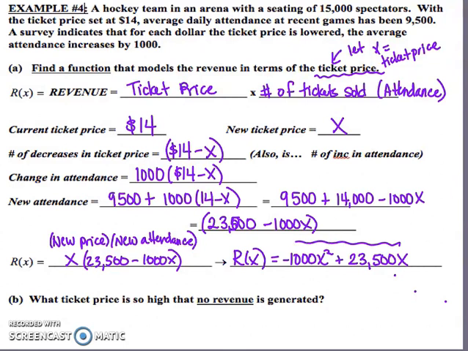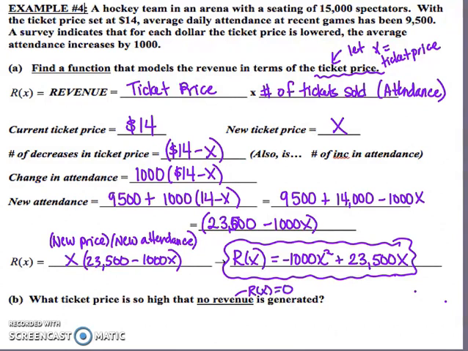Whew, took us quite a bit of work to get there. But now that we've gotten there, we can use it to answer our questions. Part B says, what ticket price is so high that no revenue is generated? Okay, well, remember, no revenue would mean that our revenue function is equal to 0.